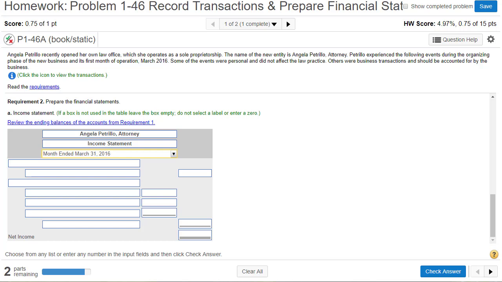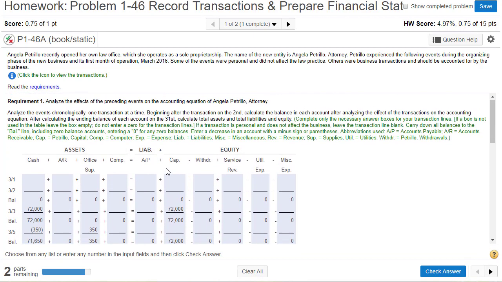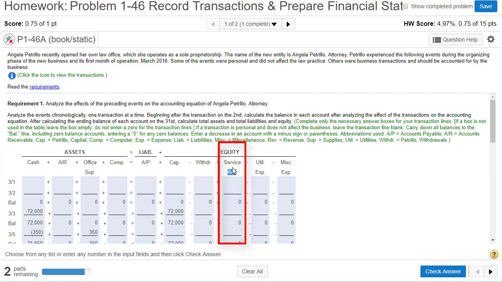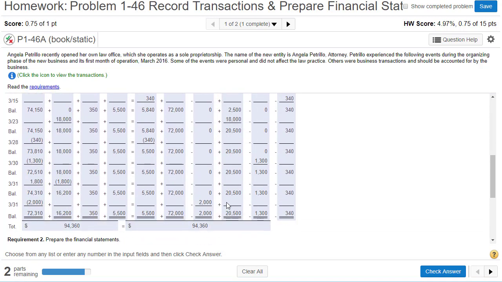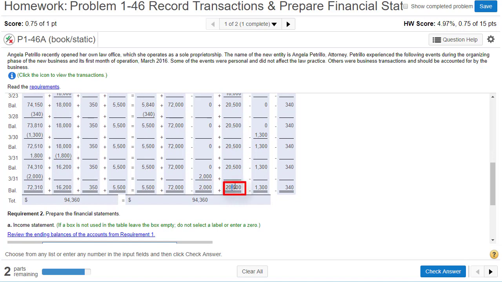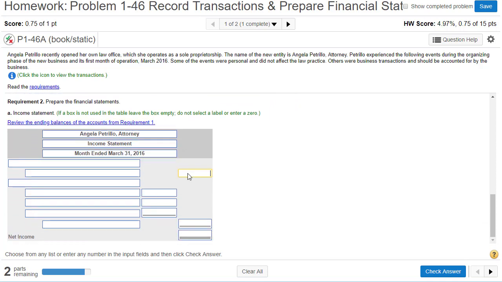Now, most companies in the real world have multiple sources of revenue, but this company has only one source. So let's go back up, find out which of these columns is our revenue. Here's our revenue. So service revenue. So we're looking for this column, and we have to use our last balance. So I'm going to double click this, copy and paste. So we got $20,500.